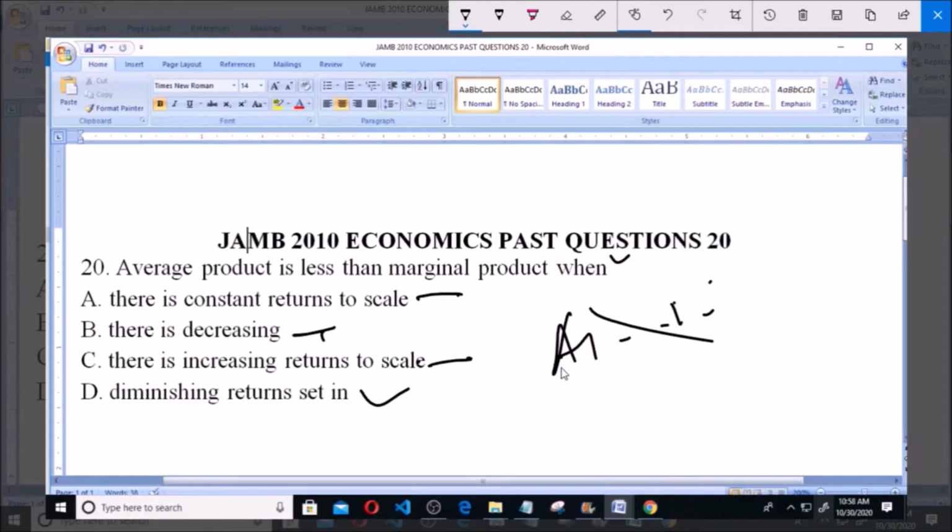It's sometimes called the law of variable proportion. So the average product rose to a point that the marginal product experienced a decline. So option D is the correct option.